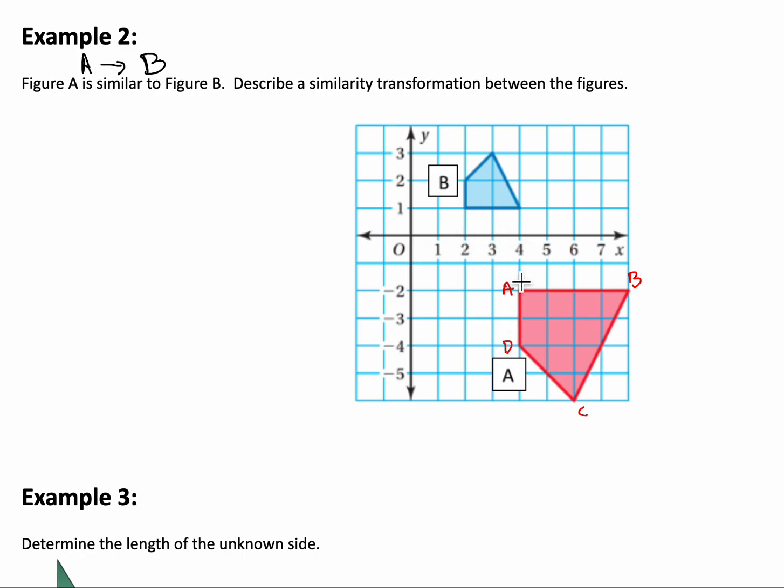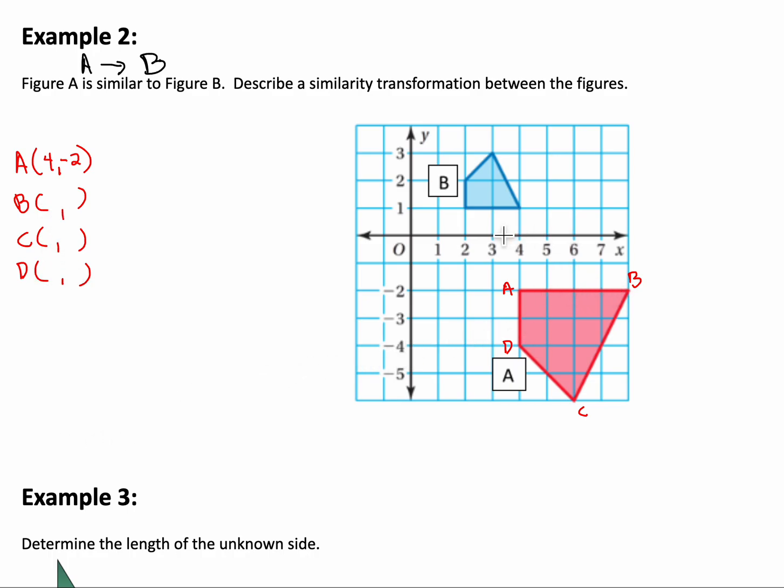So A is 4, -2. I'll start with A, B, C, and D. A was 4, -2. I'll get my structure here first: comma, comma, comma. I like doing that first.